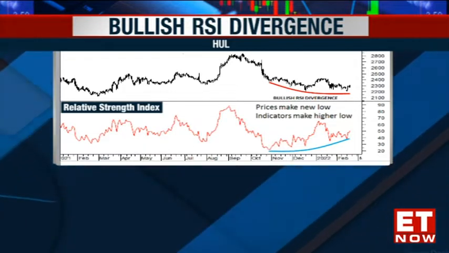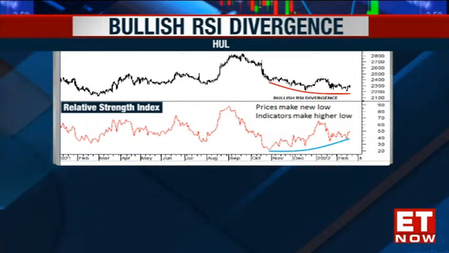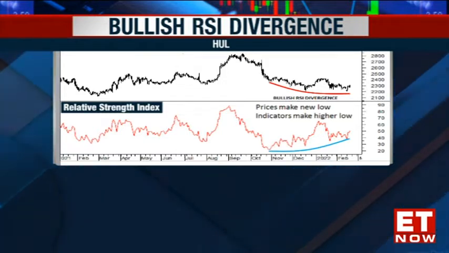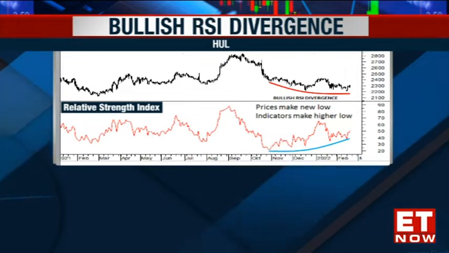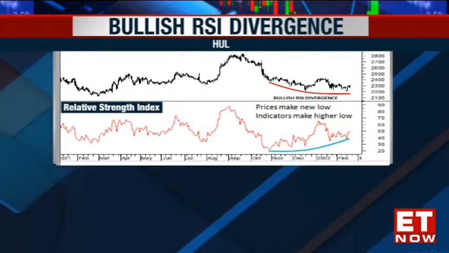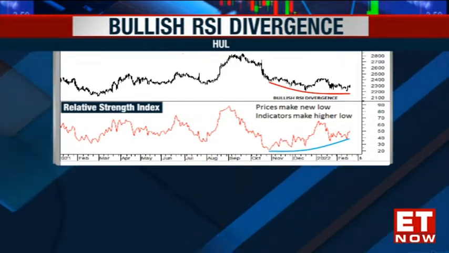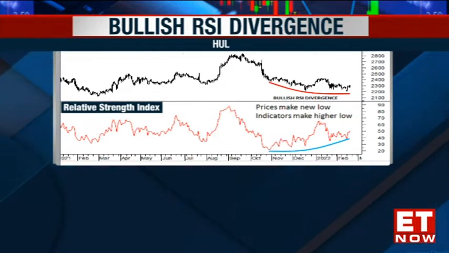These are very interesting setups because this indicates that even though the prices are making a new low, the indicators are not inclined towards making a new low for themselves. These are signs of divergences, and this indicates that the selling pressure would get absorbed pretty easily and the stock would get back into a strong uptrend pretty soon. So these become very important zones where one can look to buy or accumulate stock.